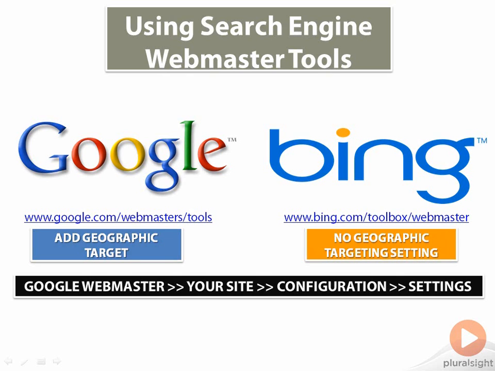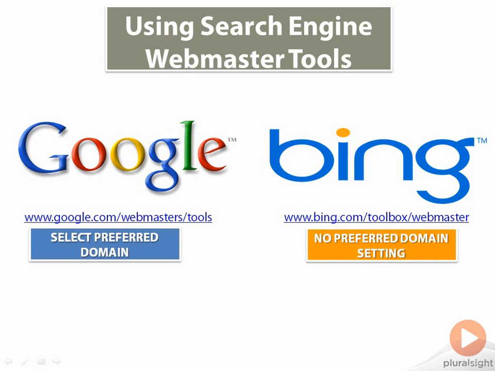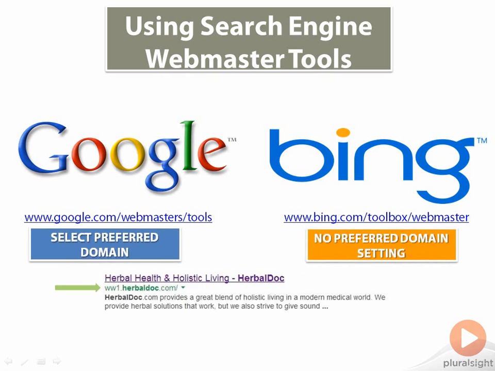While in the Settings section of Google Webmaster, it is helpful to also establish your preferred domain. By determining your preferred domain, you are basically telling Google what the root domain should be for a website. For example, as I mentioned a few slides earlier, I have set up HerbalDoc's root domain to be www.herbaldoc.com. This is the domain I want Google to see.